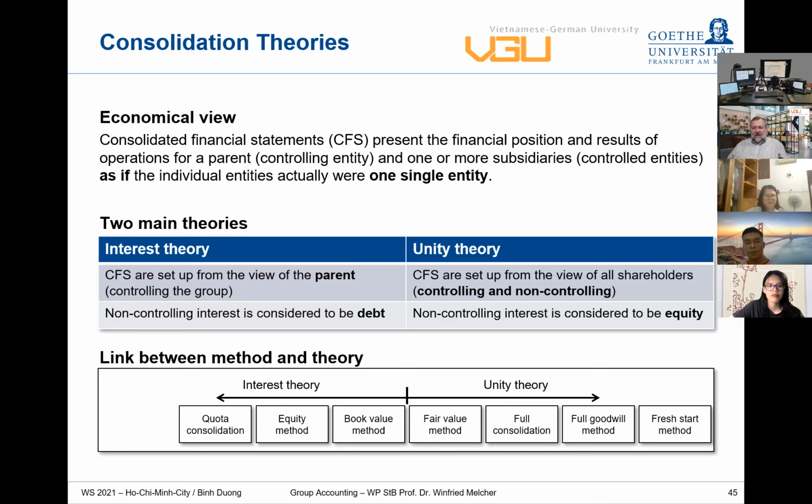So you have to show a minority interest as a debt. So that is following the unit theory here. The full goodwill method, and also the fresh start method, which is not there, which is just a theory.